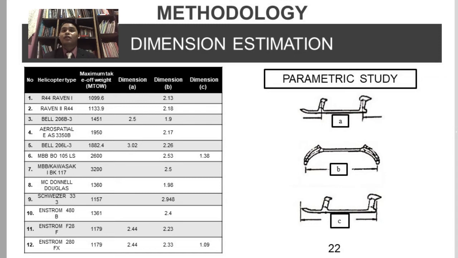First, to do the dimension estimation, we are doing parametric studies, where we get the dimensions A, B, and C. A is the length from the cross part to the cross part, B is the maximum width, and C is the maximum length of this skid. After doing some research, I got the data.